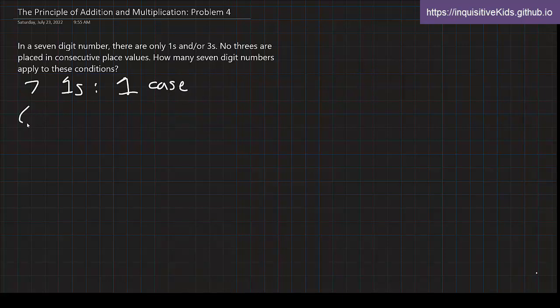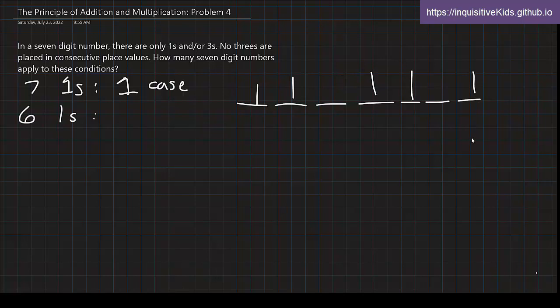What about 6 ones? As you can see here, 1, 2, 3, 4, 5, 6, 7. We have a 7-digit number. If we have 6 ones, there's only going to be one spot left over for the 3.